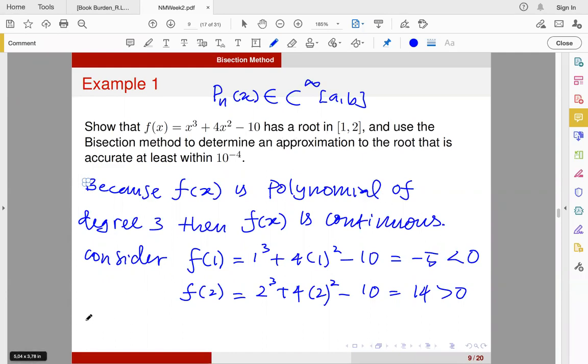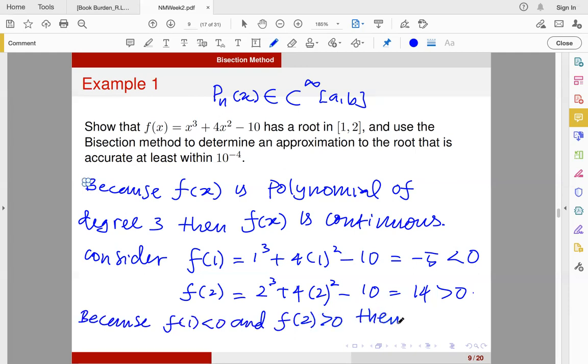Because f(1) is negative and f(2) is positive, by the intermediate value theorem there is a value C. We do not know what the value of C is.